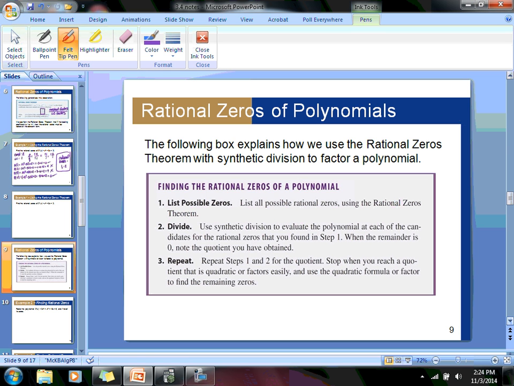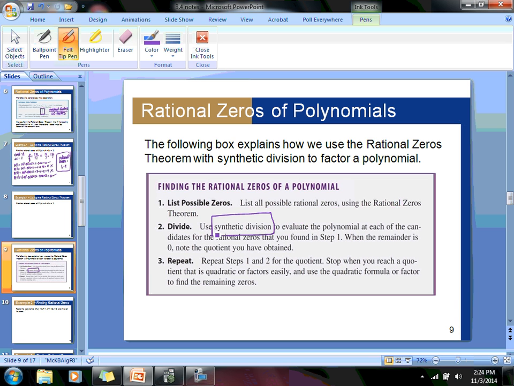We're going to list all the possible zeros like we just did, and then we're going to actually do synthetic division to narrow down our selection. And then once we find one that works, we'll have what's called a depressed polynomial, and that will hopefully be factorable.